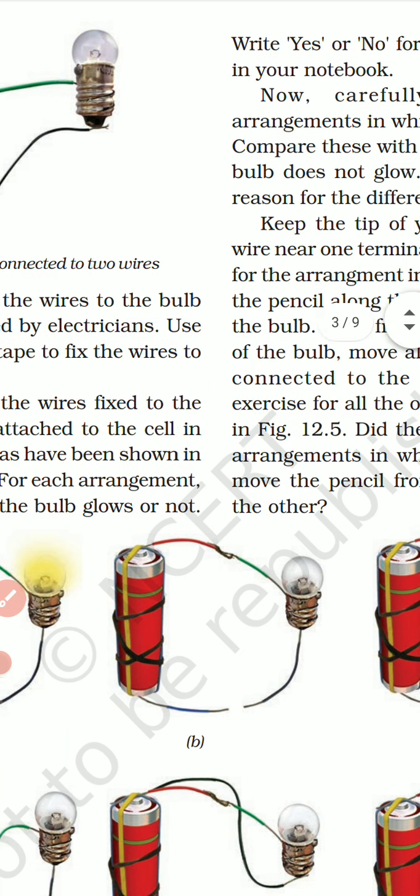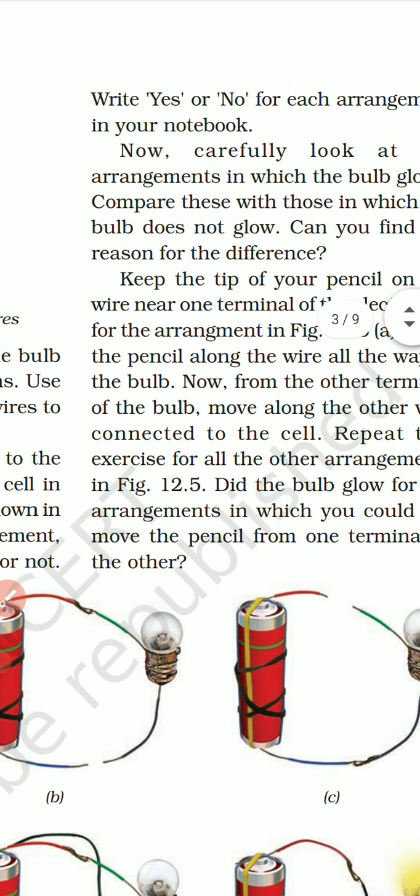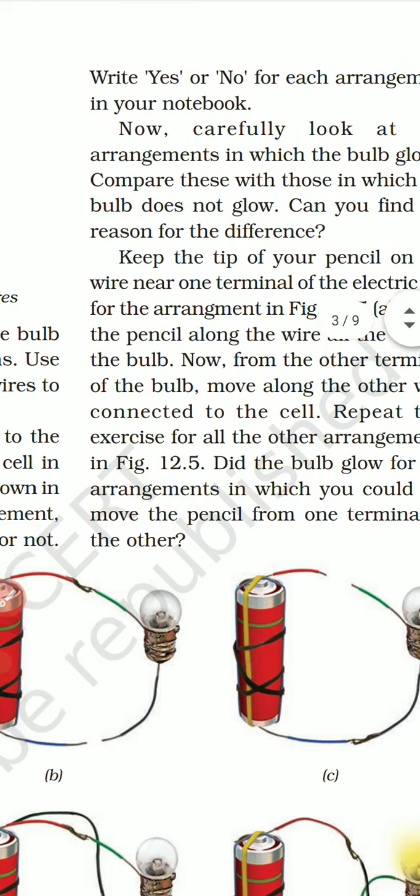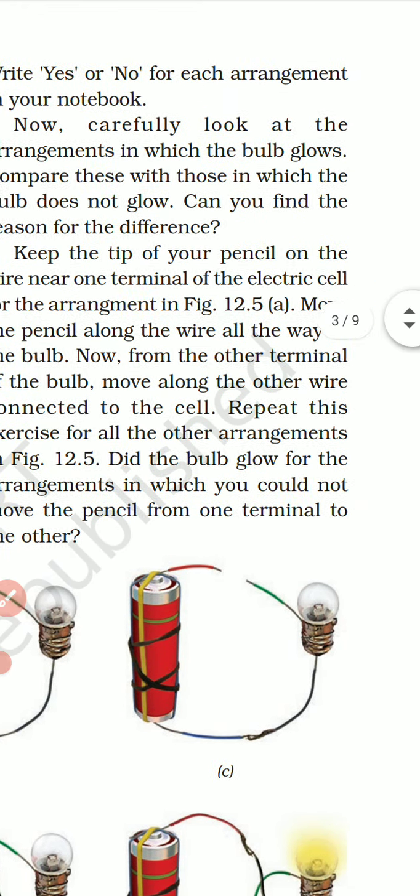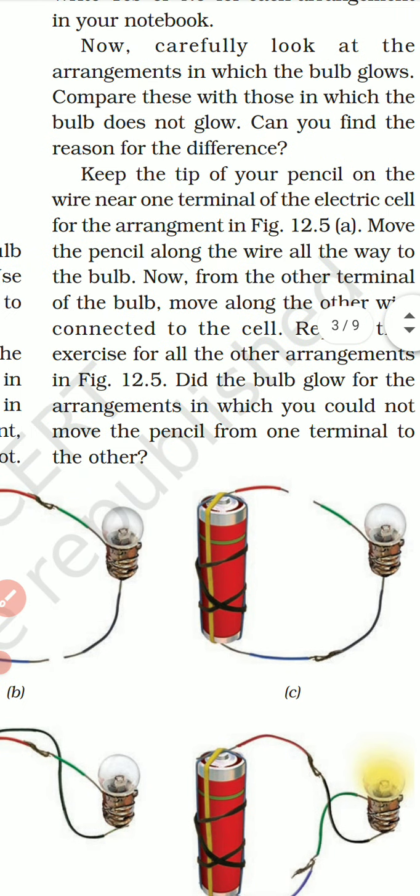So, write yes or no for each arrangement in your notebook. You can tell me here only. Now carefully look at the arrangements in which the bulb glows. Compare these with those in which the bulb doesn't glow. Now can you find the reason for the difference? Why is the bulb not glowing?